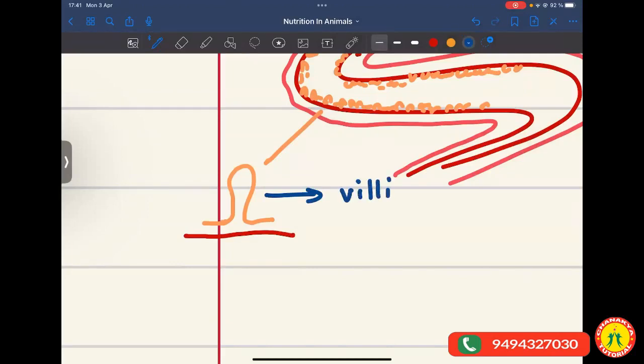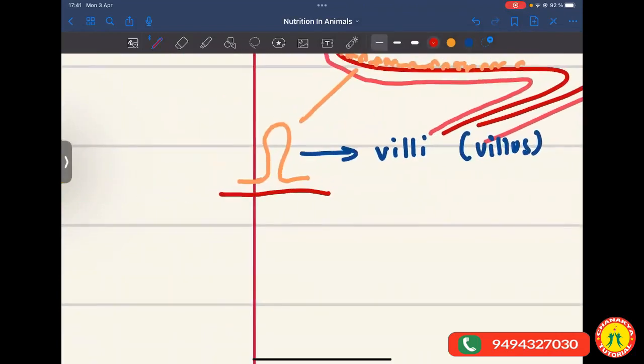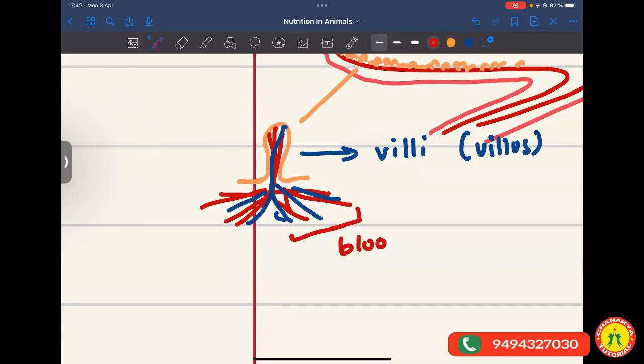How do you pronounce it? Villi. Okay, so when there are many projections like this, it's called villi. If there is only one projection, it's called a villus. This villi is rich in blood vessels. There are so many blood vessels. So it is through the villi that the food particles reach your blood.